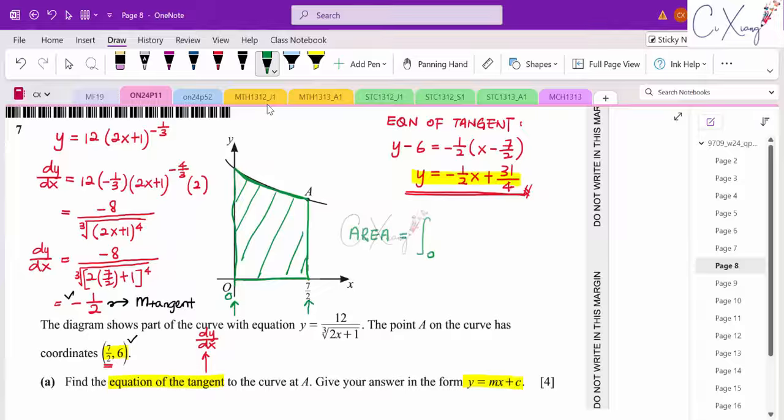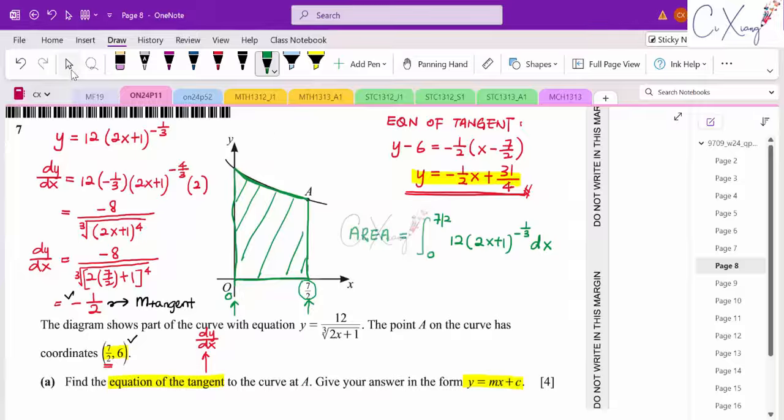The area ends at this line where x is 7 over 2, so you put 7 over 2. Then the equation of the curve that bounds the area, then dx. So this is how we set up the question. You need to know where the area starts and where it ends, and these two values will form your lower and upper limits for the integration.